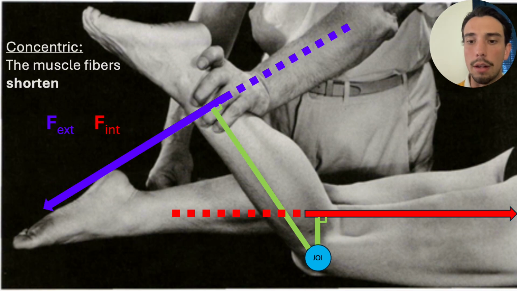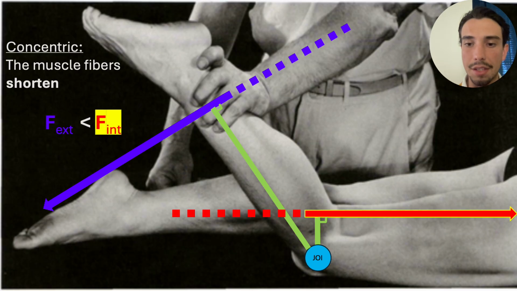So if we want to look at a concentric contraction, we know that this is when the muscle fibers are shortening. So if the muscle fibers of the knee flexors are shortening, we know that the client, or the internal force, has to be winning because they're creating the knee flexion. So in a concentric contraction, the internal force is going to be winning or outweighing the external force.